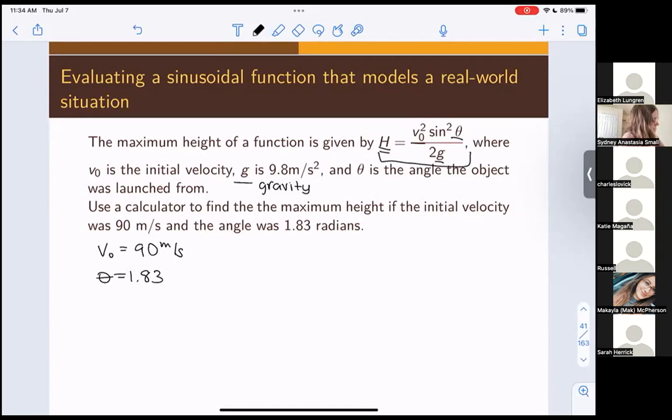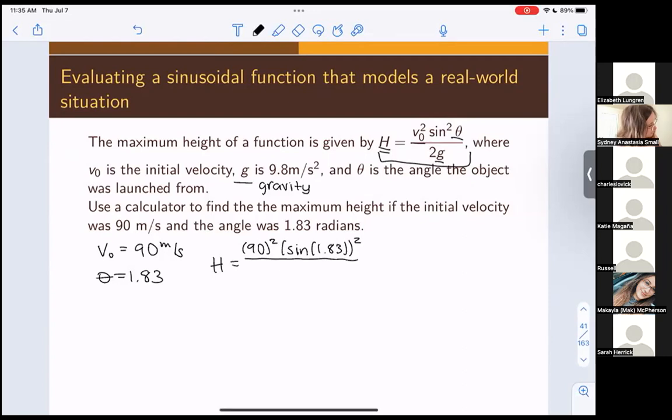So let's do that. We know that h is equal to v naught squared. V naught is 90, so it's 90 squared times the sine squared of theta. And if you remember, sine squared of theta is just the sine of theta squared. So it's the sine of 1.83 quantity squared. You don't square the 1.83, you square it after you evaluate the sine function.